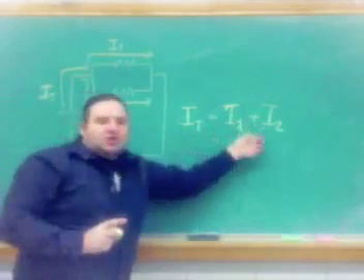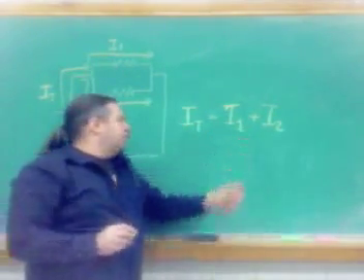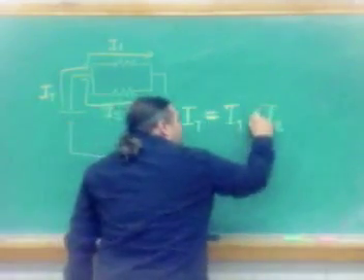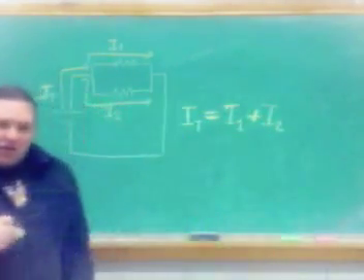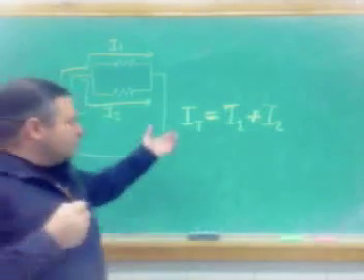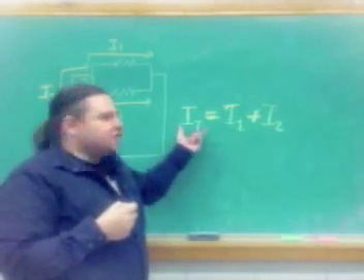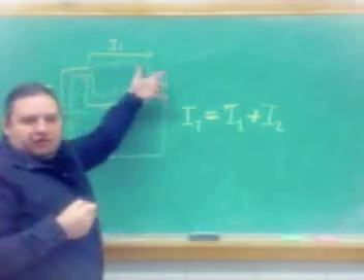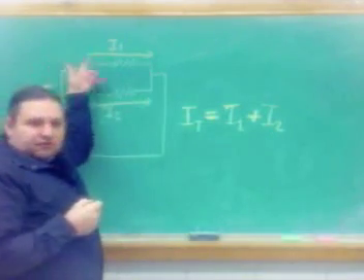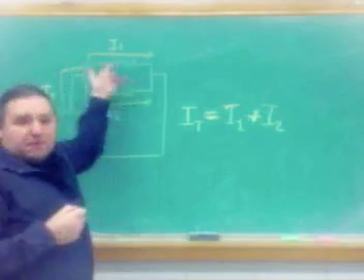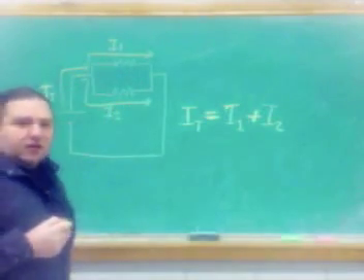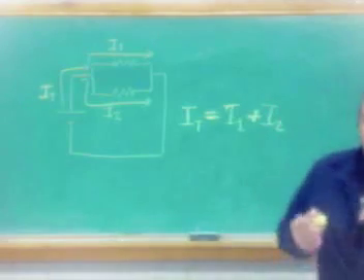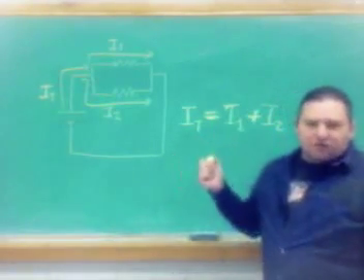So that should lead you to this idea here. Let me make that equal sign and plus sign a little bigger so you can see it: the total current that leaves that voltage is equal to the sum of the currents across this bifurcated section of the circuit, which we call parallel. Okay? Cool? From there, we can figure out what the total resistance is.